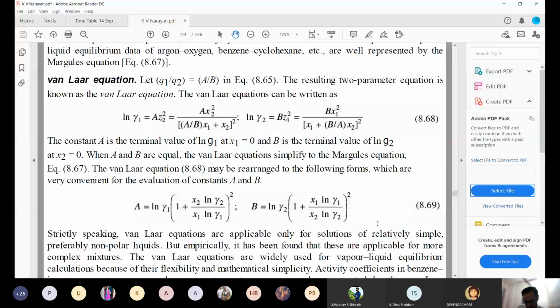Both equations will give the same answer. So find out A and B. Calculate A and B.